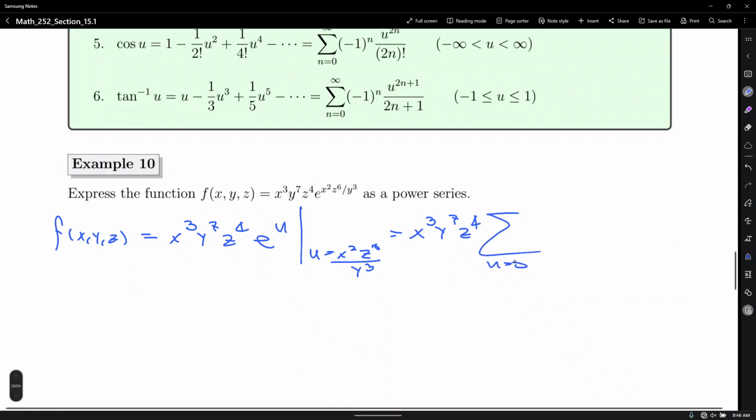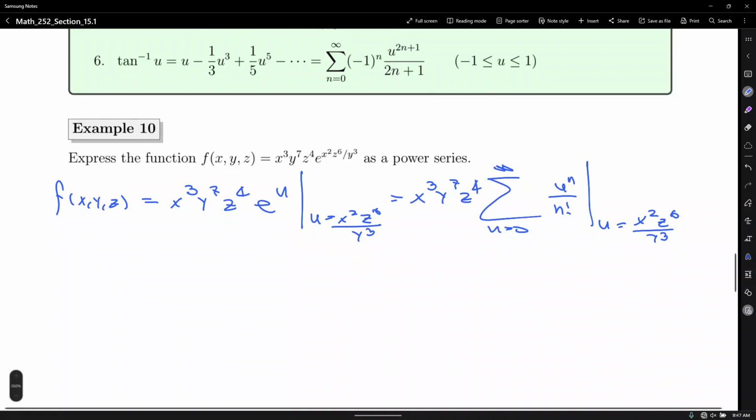Okay, let's call the sigma n equals 0 to infinity of u to the n over n factorial, for u equals x squared z to the 6 over y cubed. Okay, let's just substitute into the u.